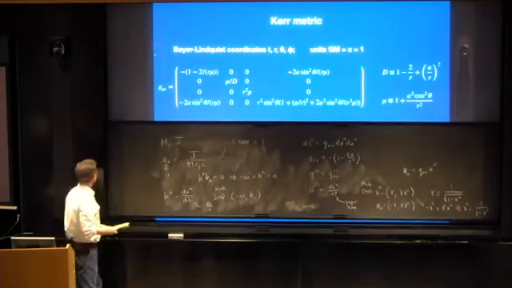It's also a property of these metrics that they satisfy Einstein's equations. I've given you, or I will give you, some Mathematica scripts in the material for the summer school where you can actually just check this yourself.